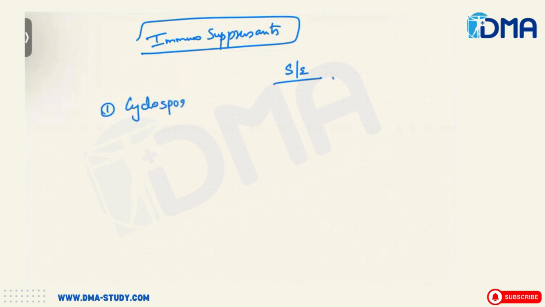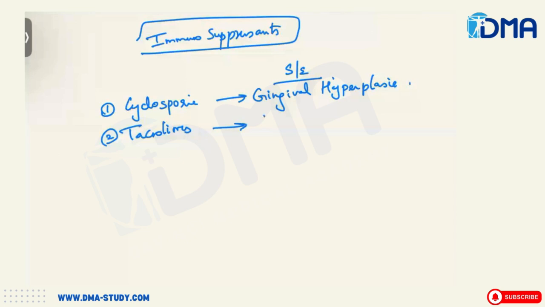What is the side effect of cyclosporin? It causes gingival hyperplasia. What is the other drug which we discussed today that causes gingival hyperplasia? Come on. Phenytoin. Exactly. Tacrolimus causes hyperglycemia. Even phenytoin also causes hyperglycemia.